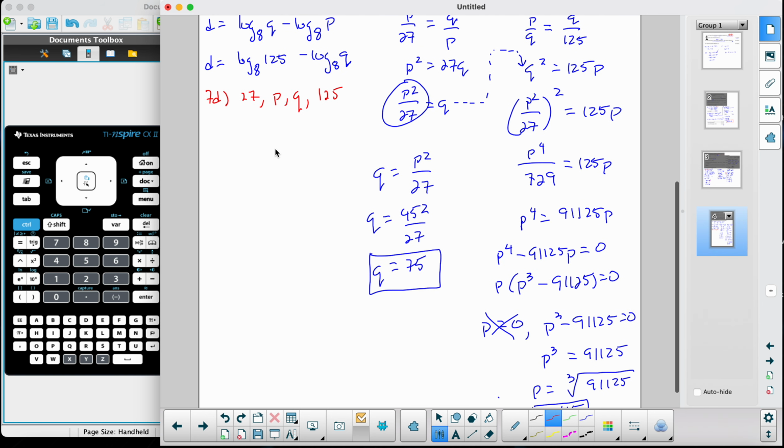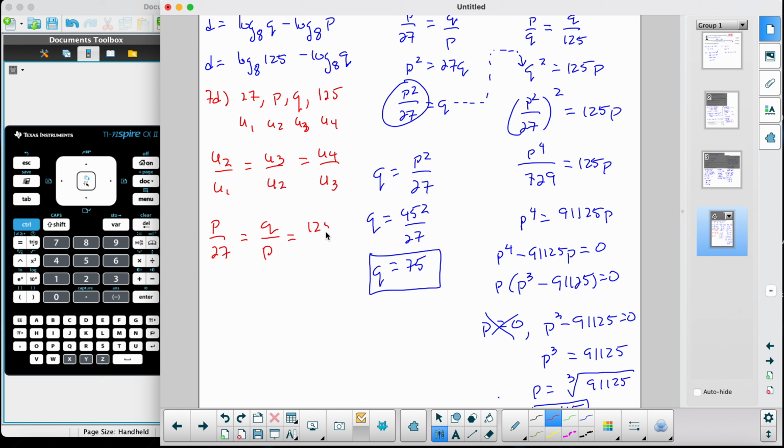So if it's indeed a geometric sequence, the ratio of the consecutive terms has to be the same. That's what has to have the same common ratio. So that means that P over 27 has to equal Q over P has to equal 125 over Q.